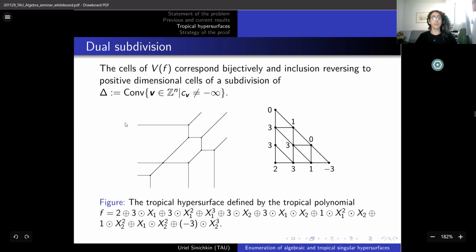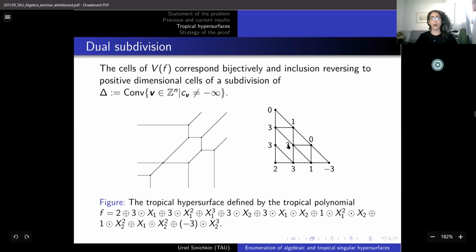And here is the hypersurface defined by this equation. So for example, this 4-valent vertex here corresponds to this parallelogram here. Okay, and this 3-valent vertex here corresponds to this triangle here, and the edge connecting them corresponds to this edge between those two polytopes.